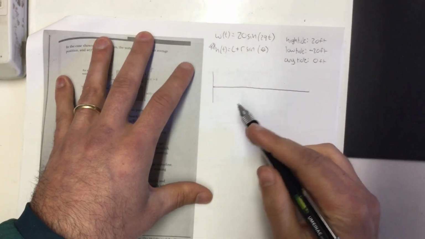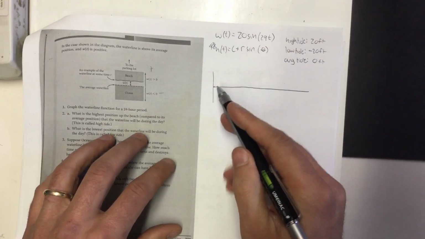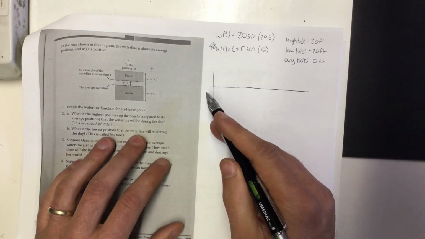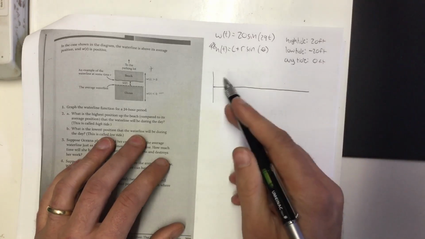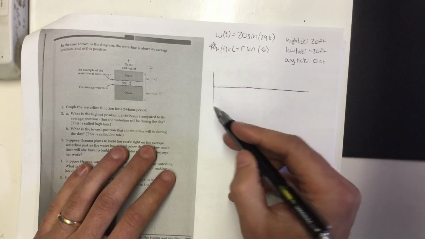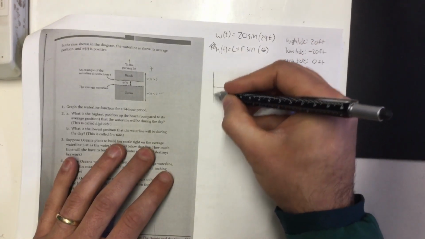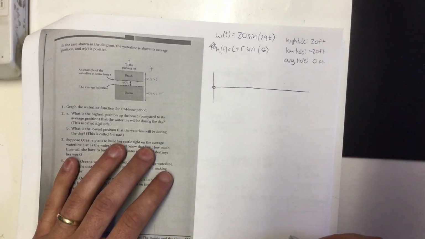But let's calculate a couple values to figure out where our tide starts and which way it's going, whether it starts going down, starts going up, if it starts up high, starts down low. Let's figure out what time it is right at 0 hours before midnight.